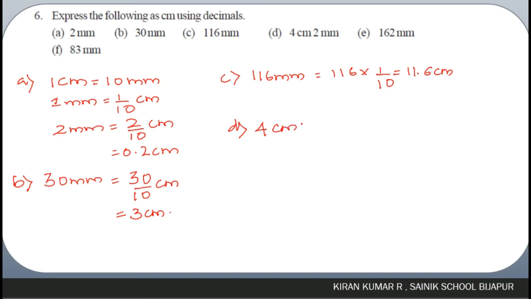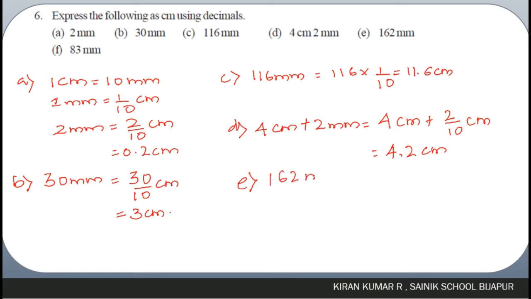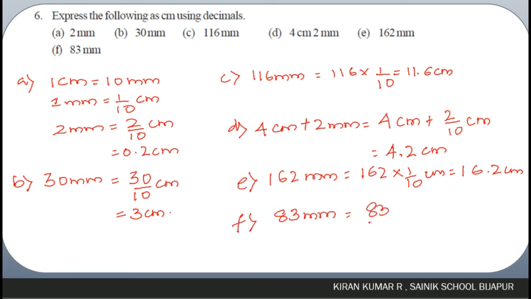D, 4 centimeter plus 2 millimeter. So it is 4 centimeter plus 2 by 10 centimeter, which will be 4.2 centimeter. E, 162 millimeter will be equal to 162 into 1 by 10 centimeter, which is 16.2 centimeter. Last one, 83 millimeter will be 83 into 1 by 10 centimeter, 8.3 centimeter.